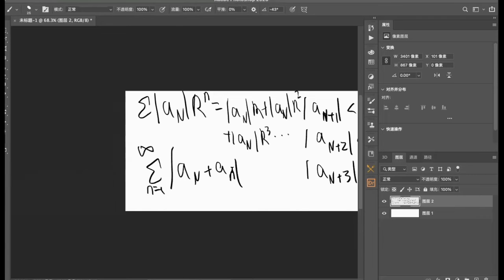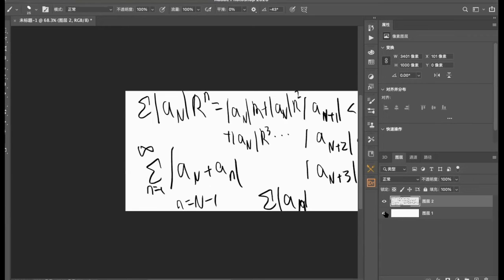This implies that the series of an also converges, because a finite number of terms will not affect the convergence. Consequently, the series an converges absolutely, and the proof for property 2 is similar to property 1.